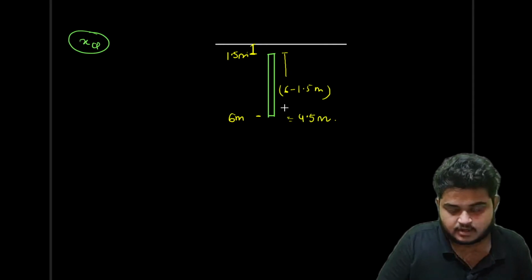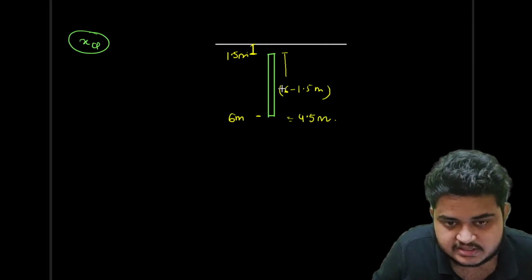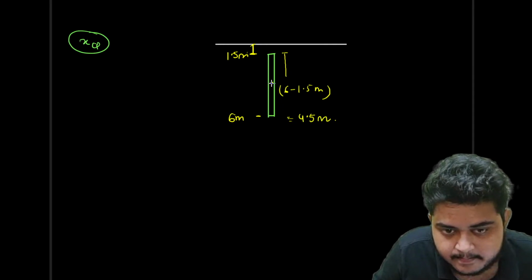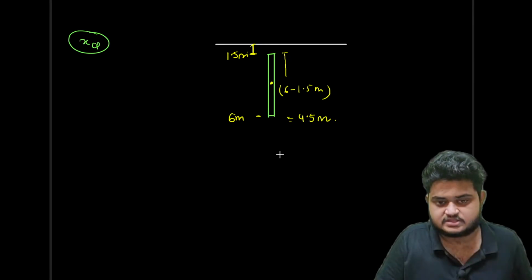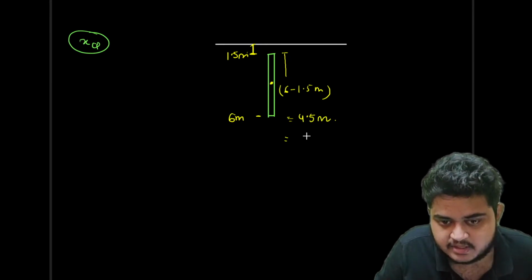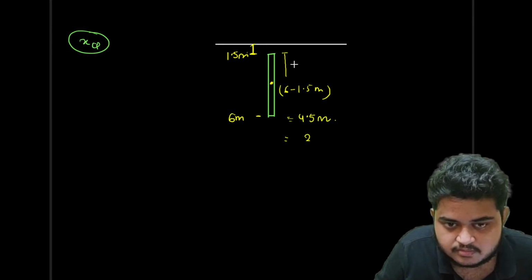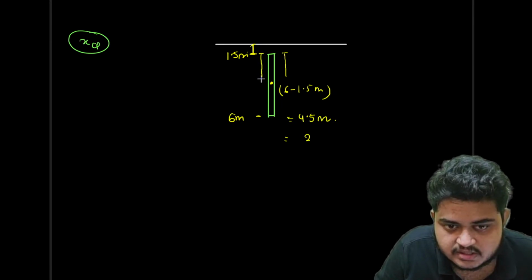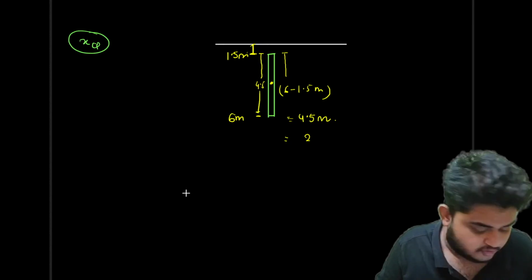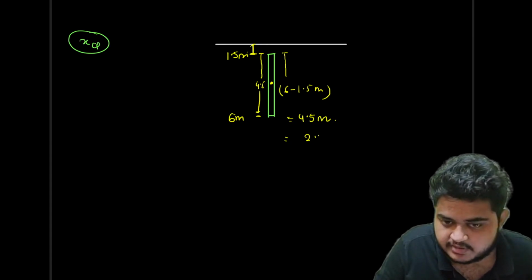Now what will be the CG? If this is the CG, and the total is 4.5 meter, the CG will be half of 4.5 meter, that is 2.25 meter.